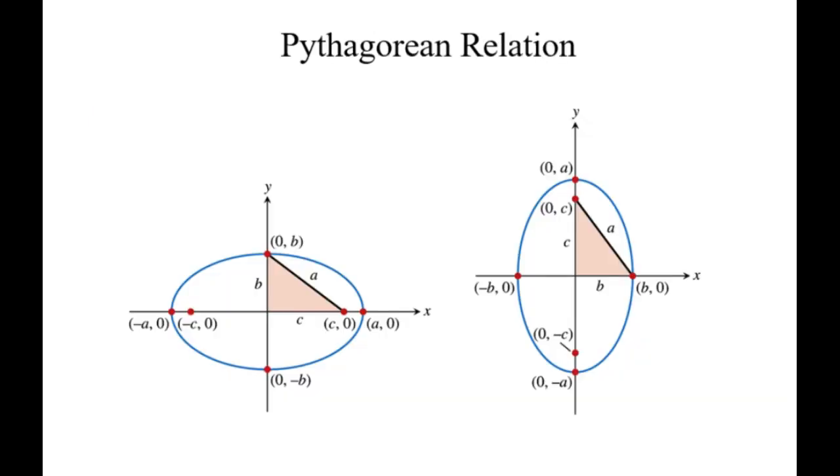So if we look at this graph, this would be an equation where the x squared term came first. The value in the denominator was larger on the x squared term. It's elongated on the x-axis. If our y squared term comes first, it's elongated on the y-axis, which we can see by this graph.